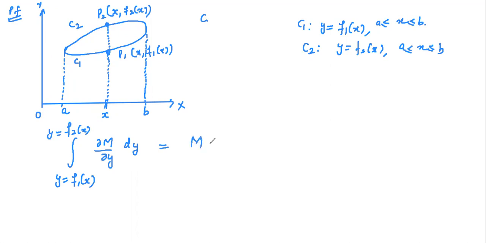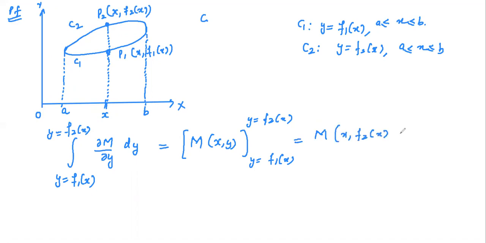So after doing the integration we get M, which is a function of x and y, and the limits are y varying from f1(x) to f2(x). So it will be equal to M(x, f2(x)) minus M(x, f1(x)).